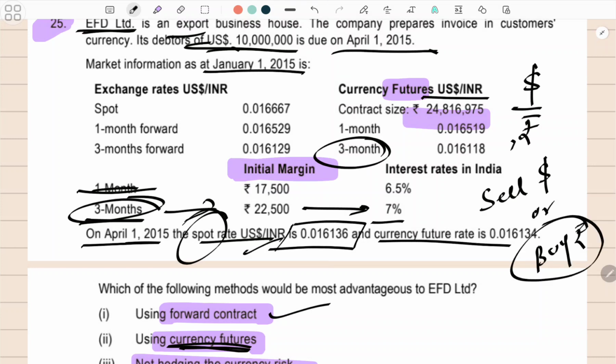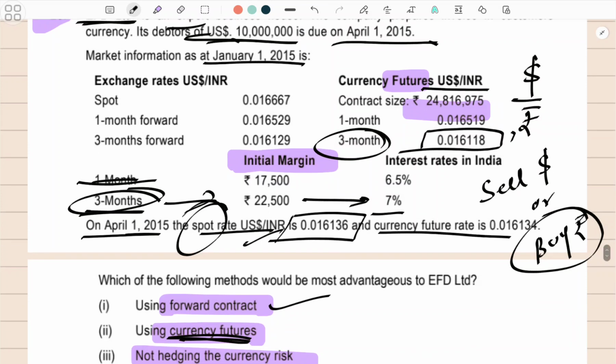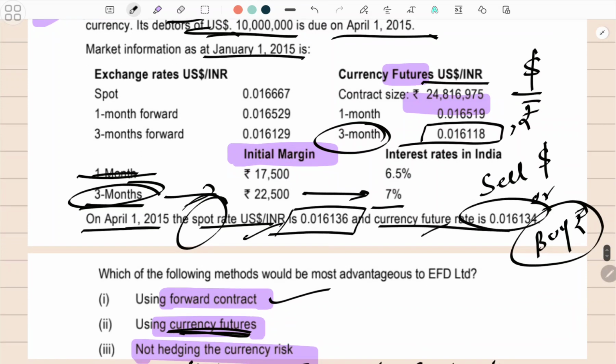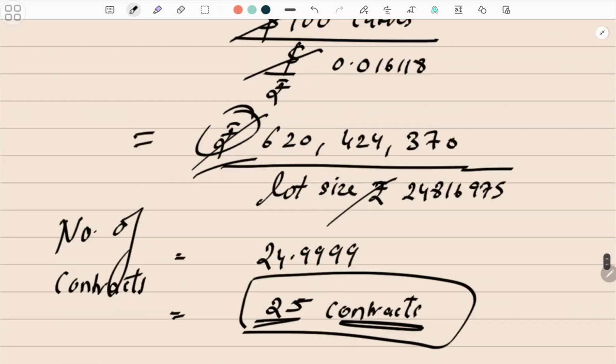So initially I had booked the contract of buying rupees at this rate, 0.016118, and now the currency future rate on expiry turns out to be 0.016134. It means in order to cancel this buy rupee contract, I have to sell it. See, hedging means you have to take the opposite position at the expiry.